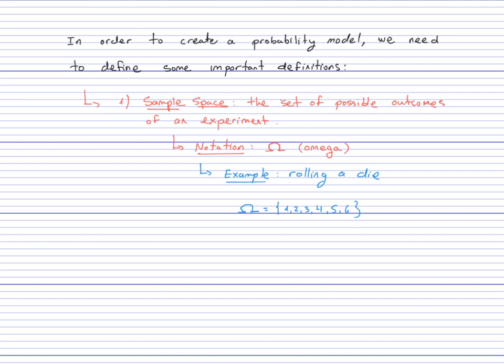That's how we denote Omega with the different outcomes. Now please notice that sets in general are collections of objects where repetition and order are ignored.